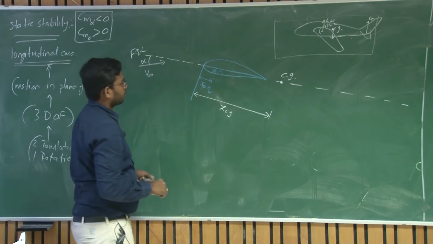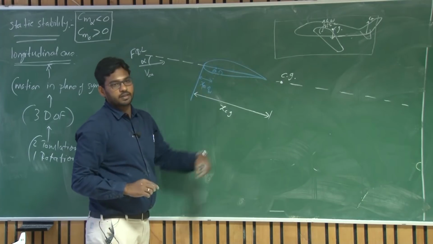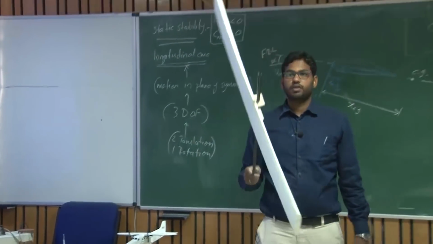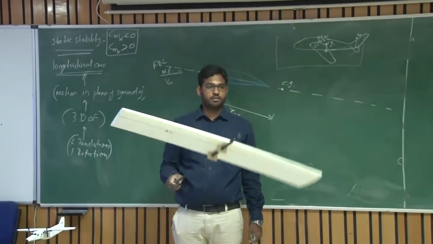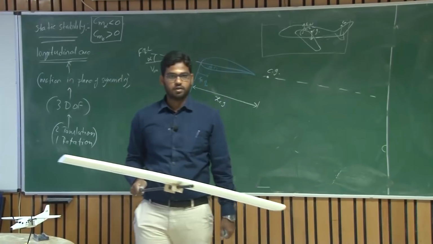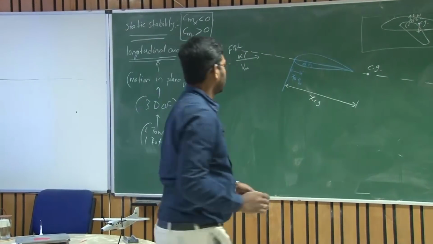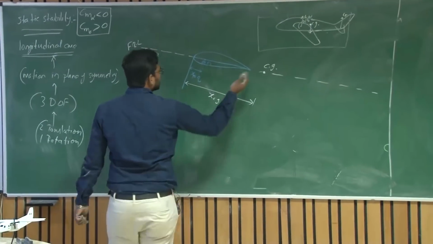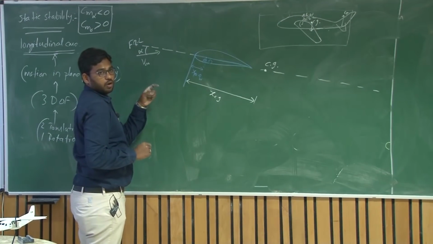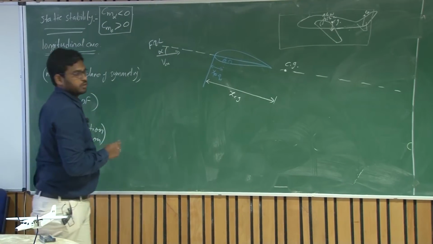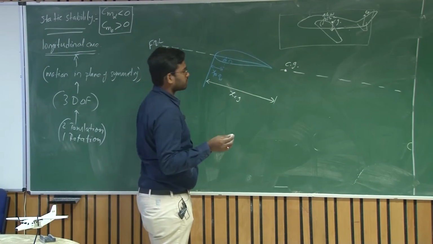Now let us not consider the tail. Let us see, this is a wing alone system. We need to know how it flies. The wing alone can also fly. Let us see what should be the CG condition to get Cm alpha negative and Cm naught positive to make it statically stable.